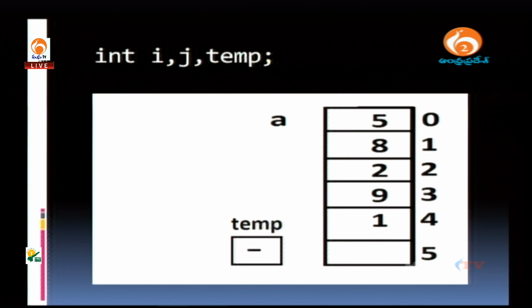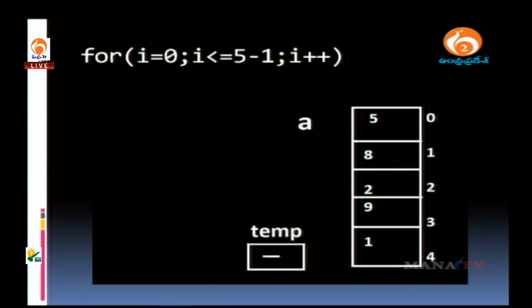These three variables are created somewhere in memory with garbage values. Next, we come to the loop. Now the control comes to the for loop: for i = 0; i <= 5 - 1; i++.